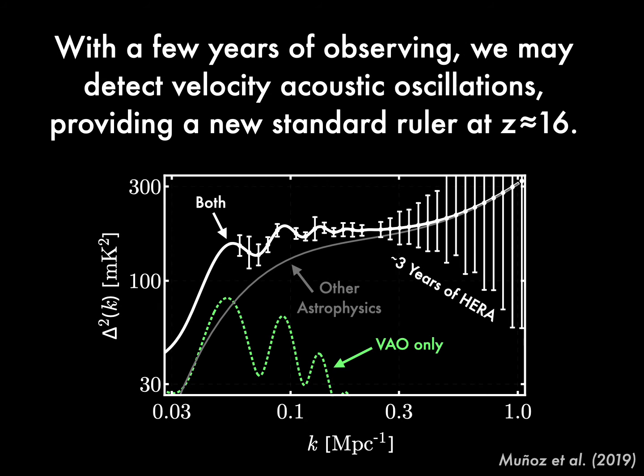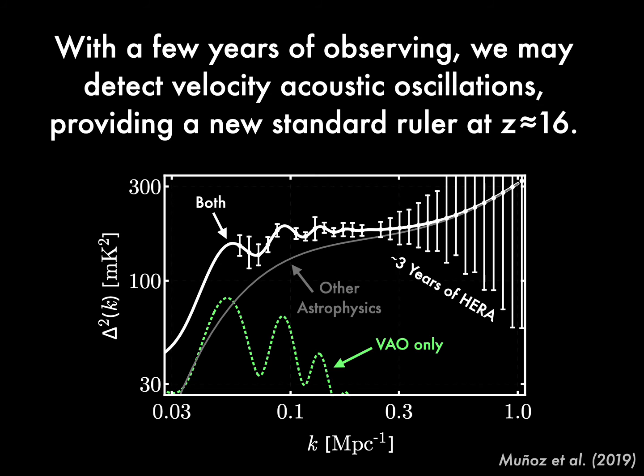And in the slightly longer term, with just a few years of HERA observation, we should be able to actually detect velocity acoustic oscillations. These are acoustic oscillations imprinted on the 21 centimeter signal via the differential impact on star formation of the relative velocity of baryons to dark matter.